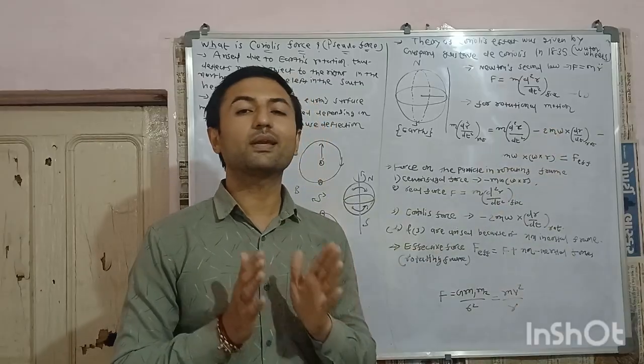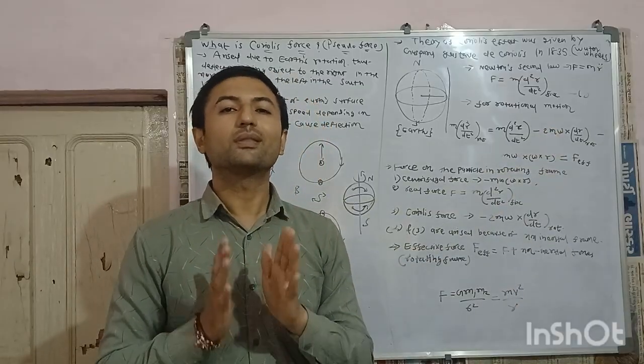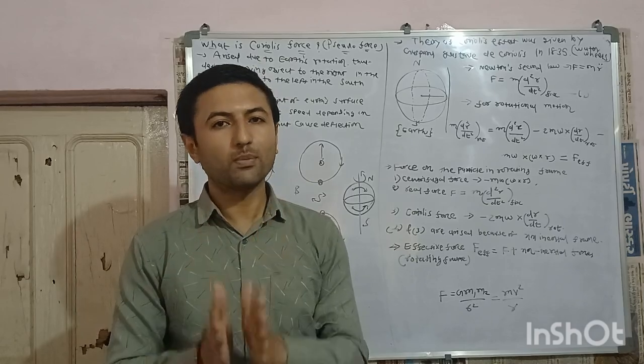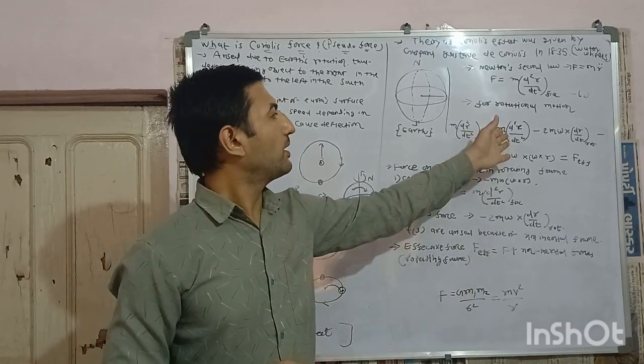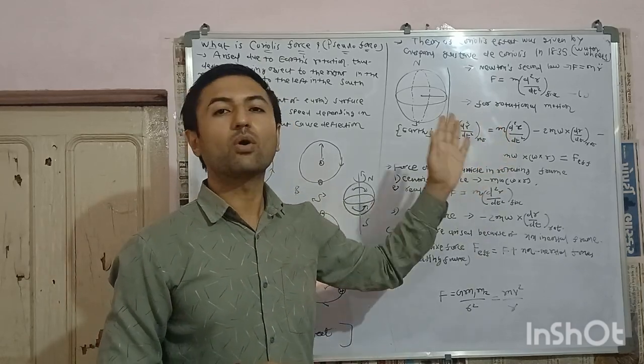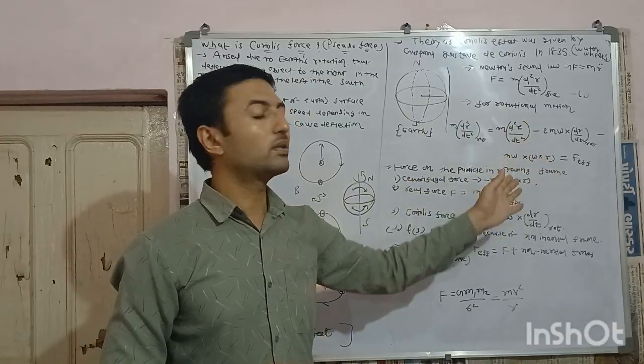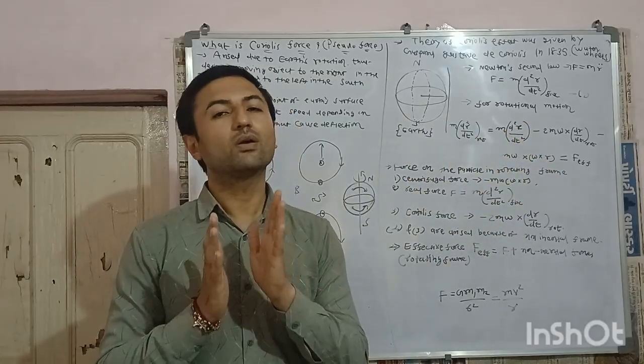It means in case of rotational motion, there are three kinds of force applied on an object. The first one is the force of the fixed system, the second one is Coriolis force, and the third one is centrifugal force.